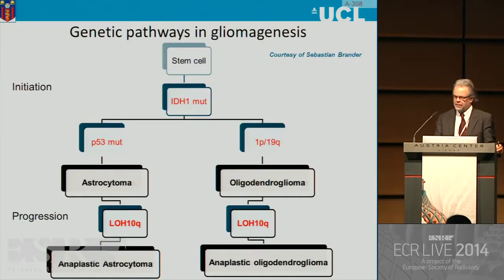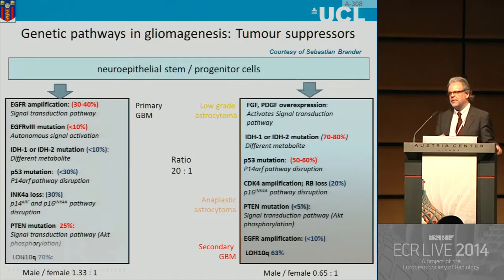So kicking off a brief overview of the genetic pathways, we all have to learn more about this, but from the stem cell there's a mutation, the IDH1 mutation, and then it can go either a pathway of an astrocytic or an oligodendrocytic tumor. So the next slide is that there are two different pathways to have a glioblastoma. One is via progression of a low-grade astrocytoma to an anaplastic and then secondary GBM, or another one is de novo.